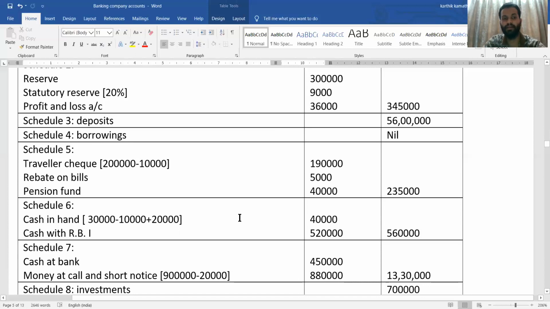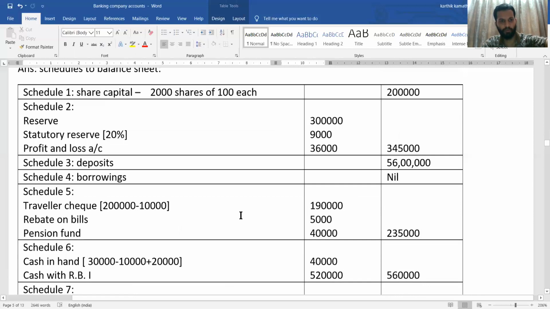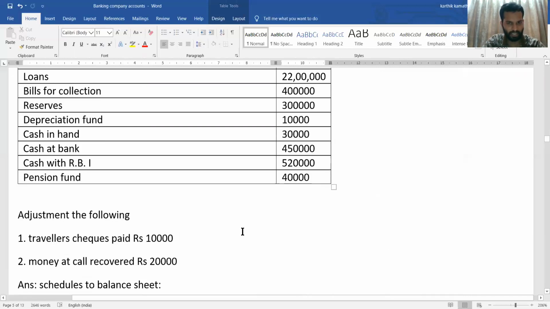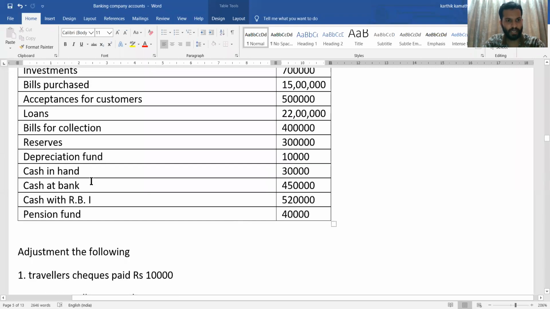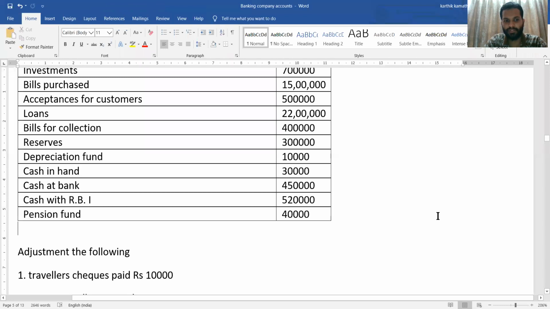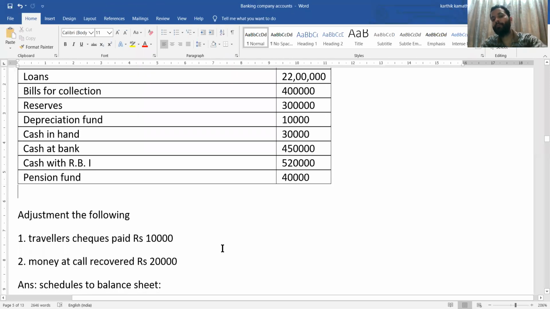Next, schedule number 6. Schedule number 6, cash in hand, original information we want. That is original total given in the information. Cash in hand is 30,000. Now travelers check paid 10,000. From where they are paying, from cash or bank balance? So 30,000 minus 10,000 travelers check paid.